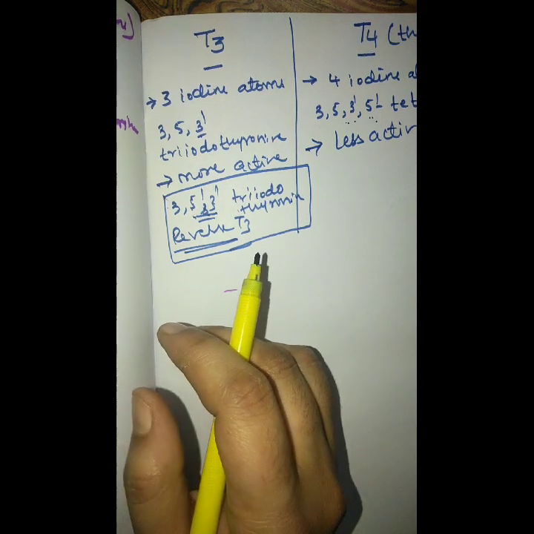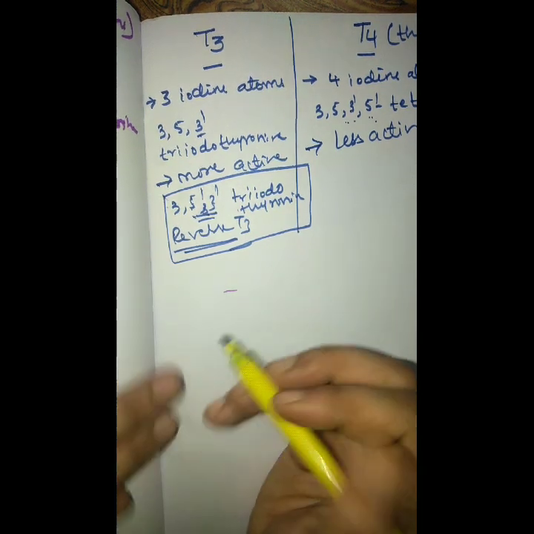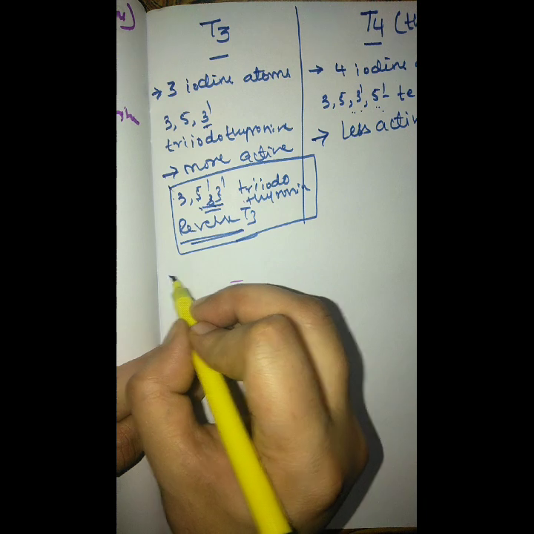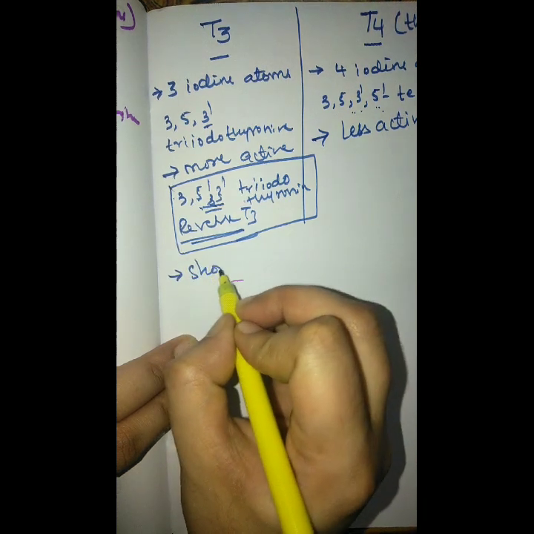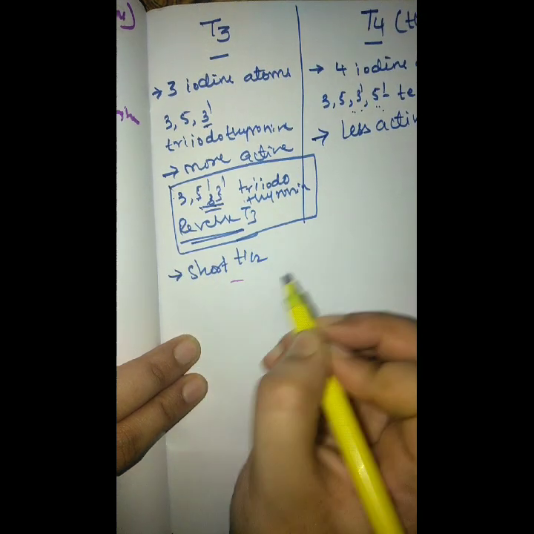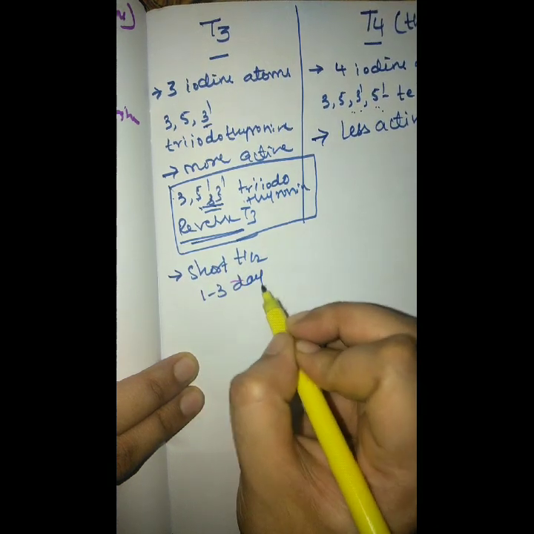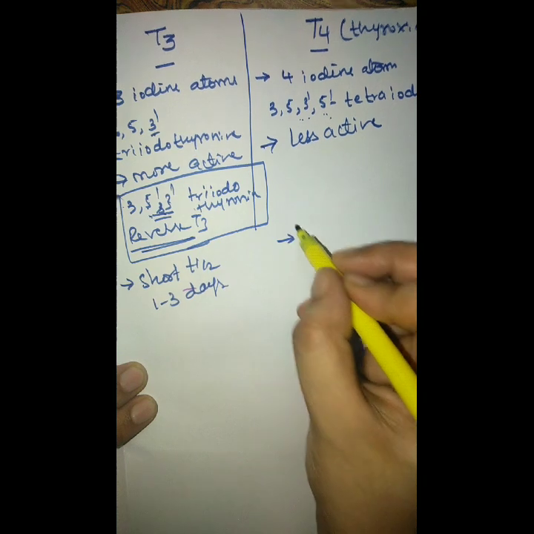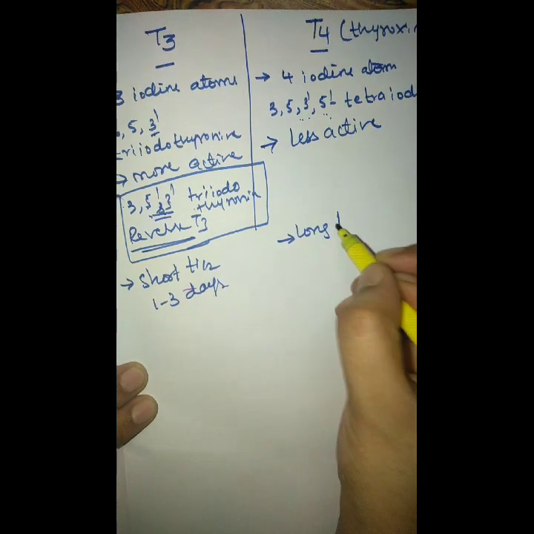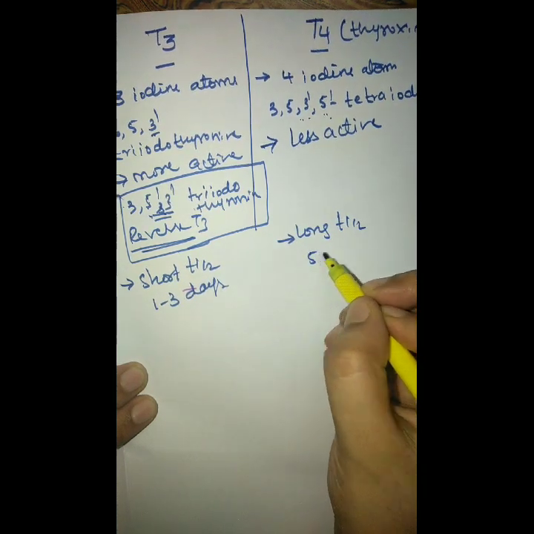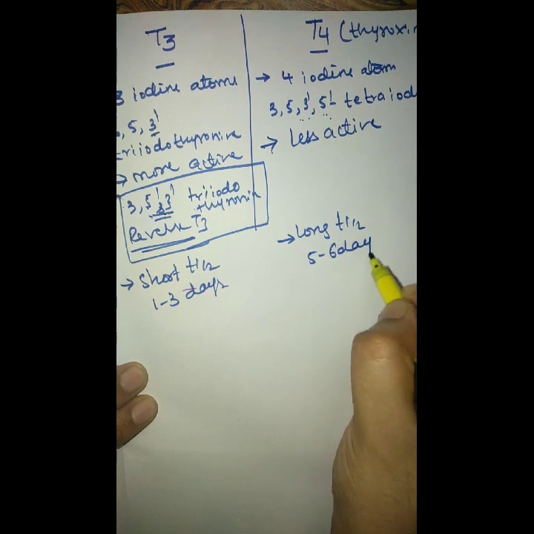Next, T3 has a short half-life, about 1 to 3 days. But T4 has a long half-life, about 5 to 6 days.